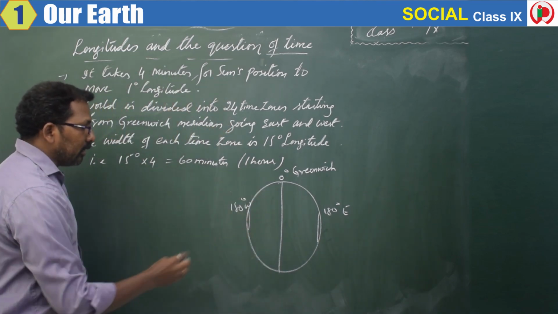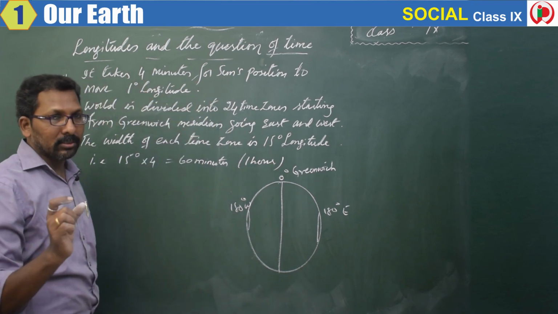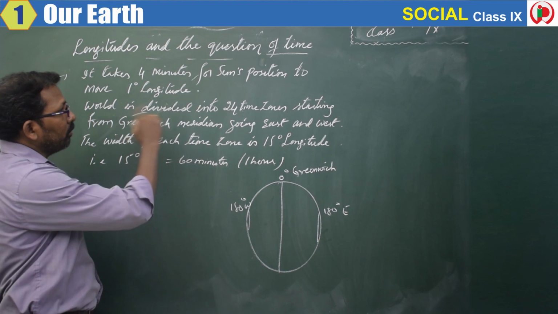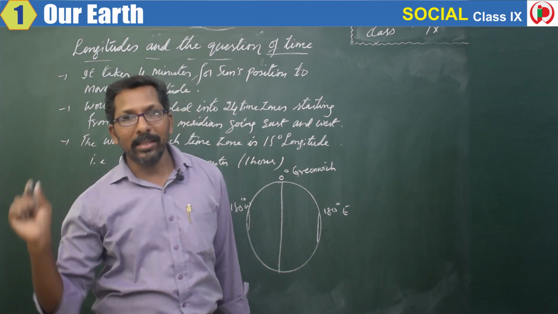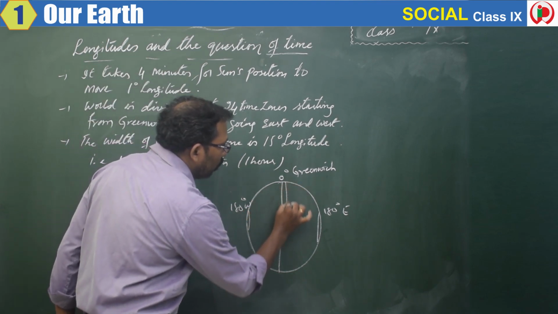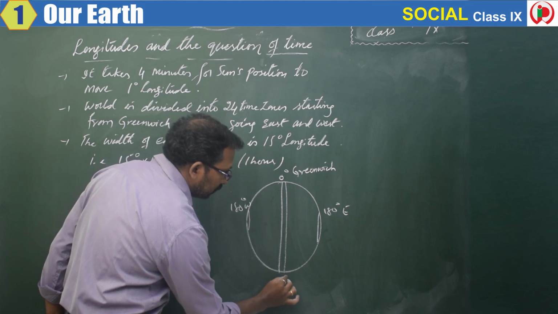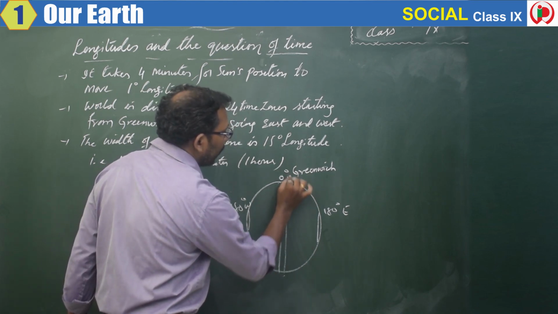The sun takes 4 minutes for its position to move from one longitude to another, for example from 0 degrees to 1 degree of longitude.